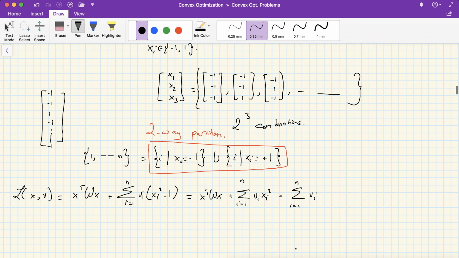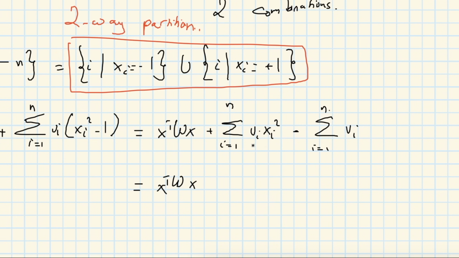Now in vector form, we could write the first summation as x transpose V x, where V is a diagonal matrix composed of the Lagrange multipliers nu_1, nu_2, down to nu_n. You can verify that x transpose V x is nothing other than this summation.